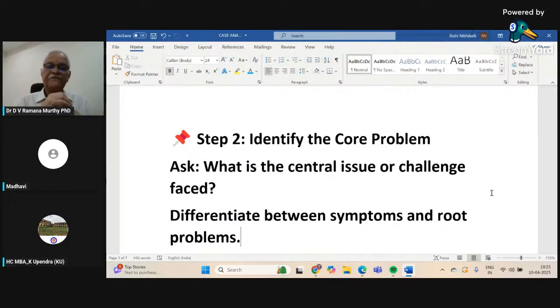Then if you say you're suffering from fever for the last two or three days, he may go for diagnostic tests.